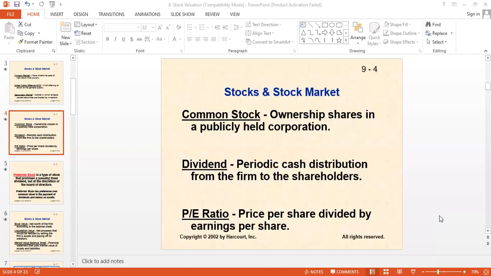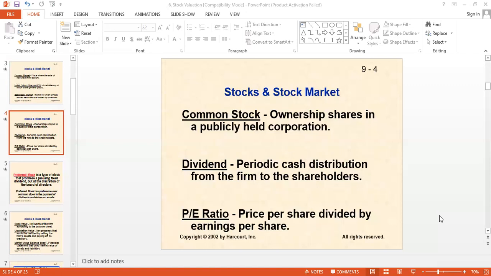If an organization is earning more, they will be giving more dividend. If they are earning less, they will be giving less dividend. So by purchasing a share, you normally have two expectations. Number one, higher price, and number two, higher earnings. In this PE ratio, you compare these two, price with earnings.